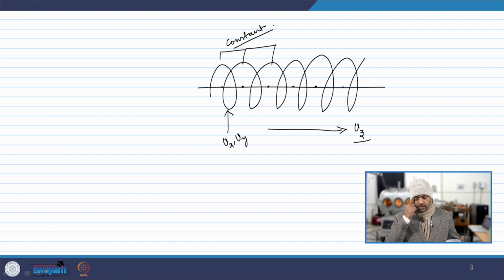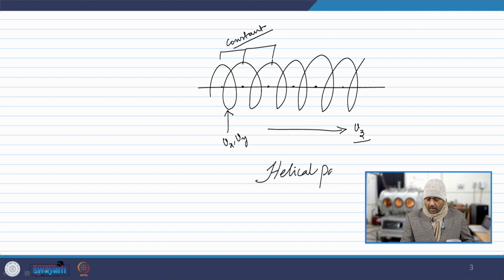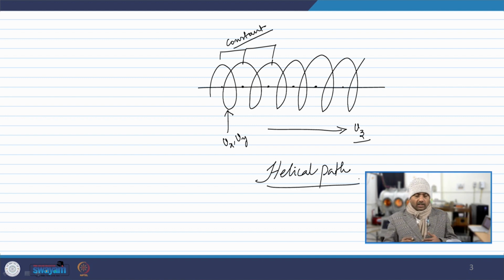The second thing is the non-zero component of the velocity, which is uninfluenced by the magnetic field, will make the particle move in a helical path. So, this helical path is a result of Vx, Vy and Vz. And if it is moving in a helical path, the pitch will remain a constant as long as Vz is a constant, right.